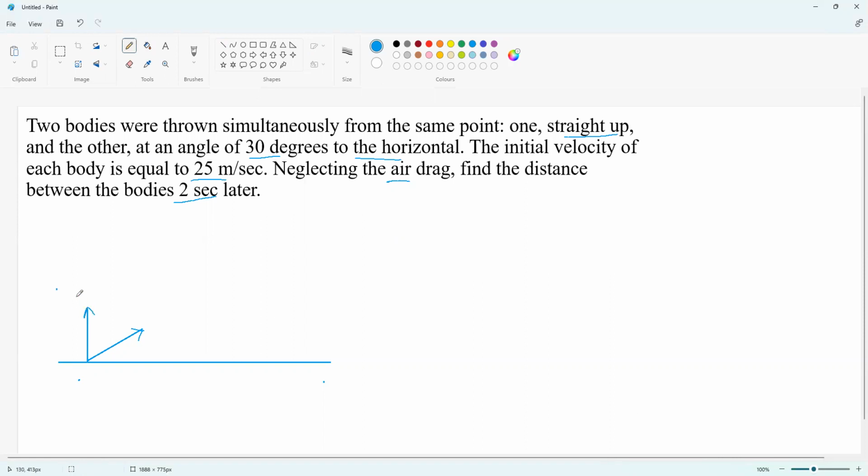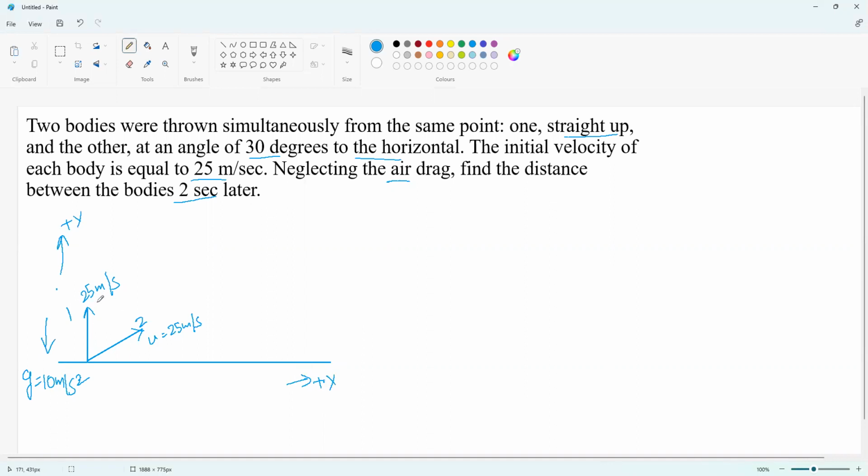Let this be body one and let this be body two. The gravity is acting downwards, which is 10 meters per second square, and the velocities are 25 meters per second for each body. This is positive y and this is positive x.